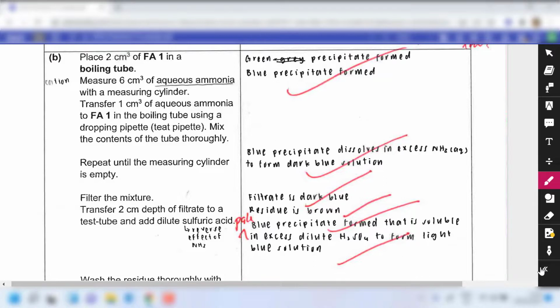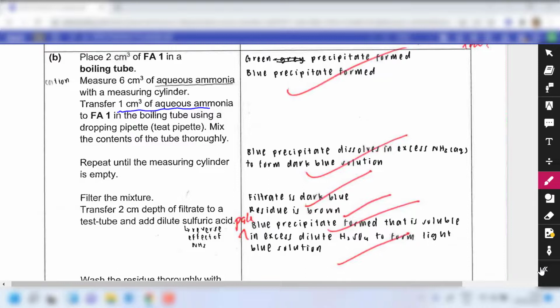In fact, when you have added 1 cubic centimeter, you observe a yellowish brown precipitate. Only when you add more does the solution turn a darker green, and then you start to see a dark blue mixture. So these are things which should be recorded down.